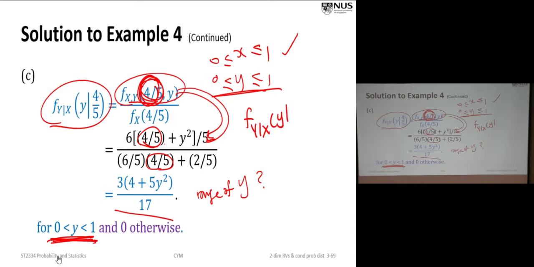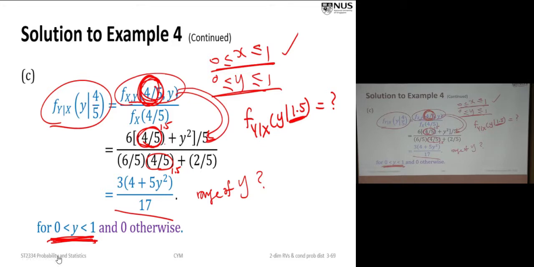What is this? Shall we substitute x as 1.5 instead of 0.8? No. x equal to 1.5 is outside the range.